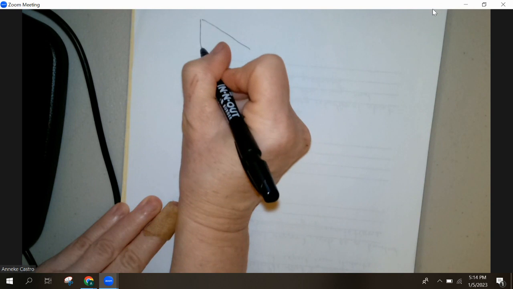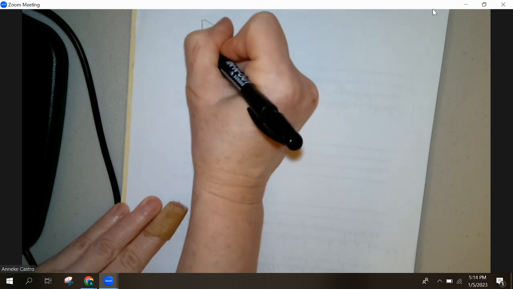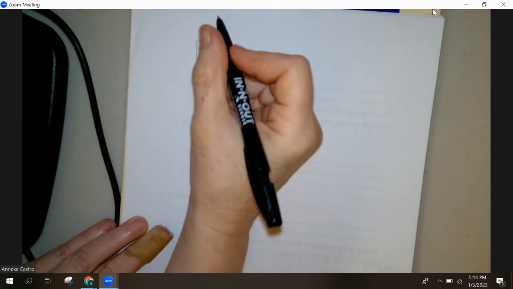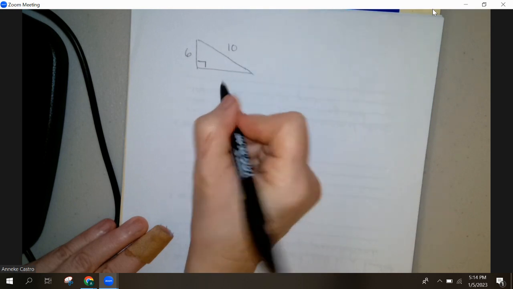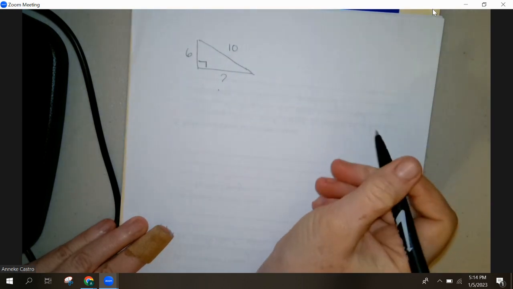So I've got myself a right triangle. And let's say I know that this side is 6, and I know this side is 10, and I don't know this side.